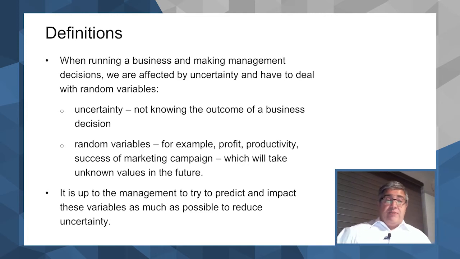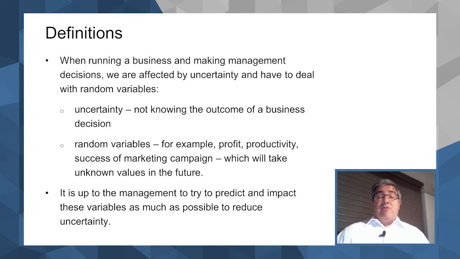And we have a number of variables that are random, and by random doesn't mean that anything can happen necessarily, although in some cases anything can happen, but random means they will take different values.